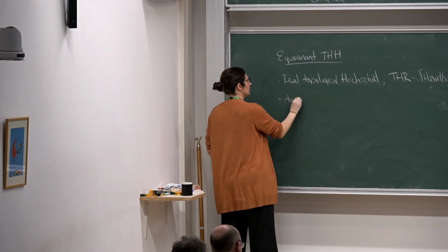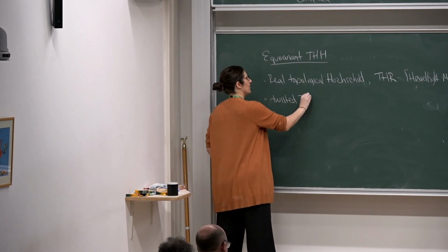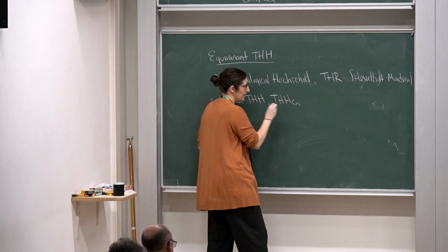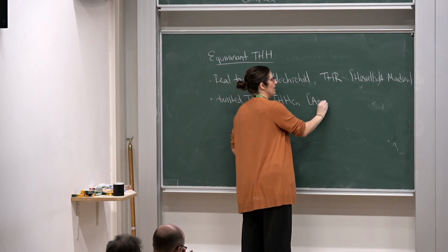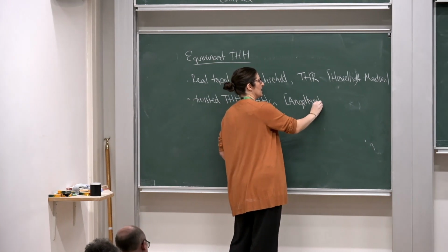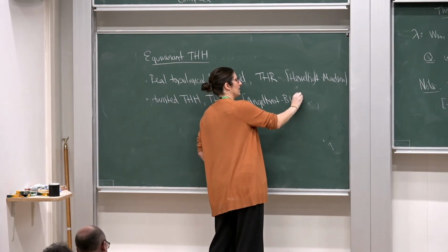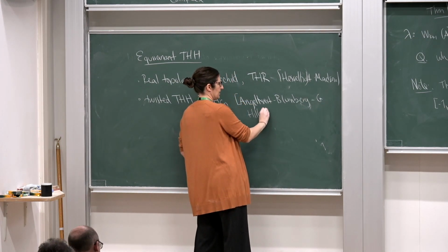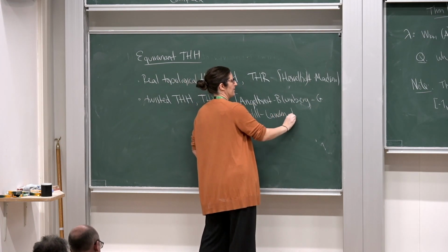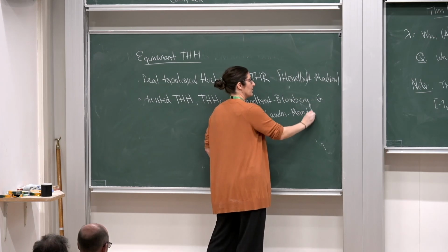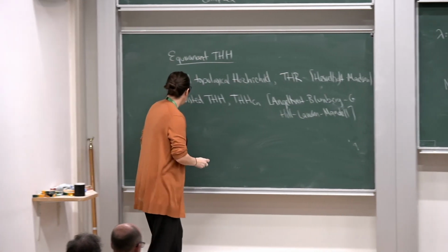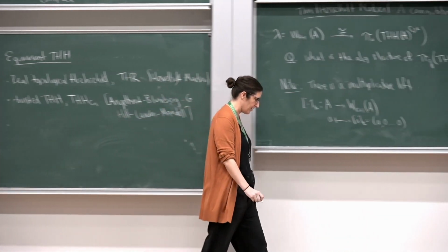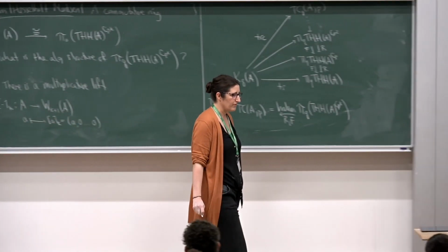There's twisted THH, which I'm going to tell you more about in a minute. This is written THH_{C_n}, and this comes out of work of Vigleik Angeltveit, Andrew Blumberg, myself, Mike Hill, Tyler Lawson, and Mike Mandell. And I'll tell you what this is in a second. And then even more recently, there are some other new versions of topological Hochschild homology that take equivariant input.